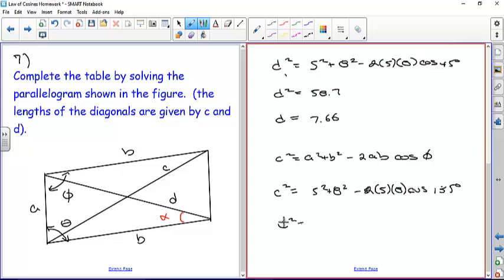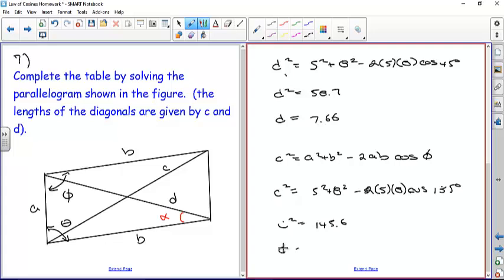So C squared, okay, we get 5 squared plus 8 squared minus 2 times 5 times 8 times the cosine of 135 degrees. And that is 145.6.